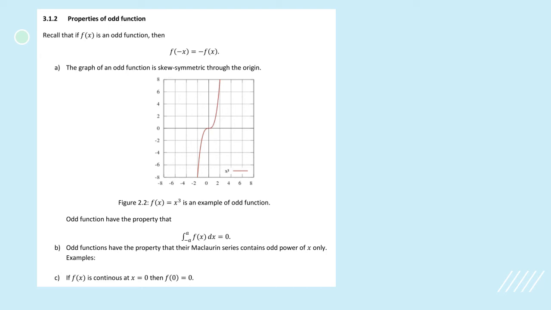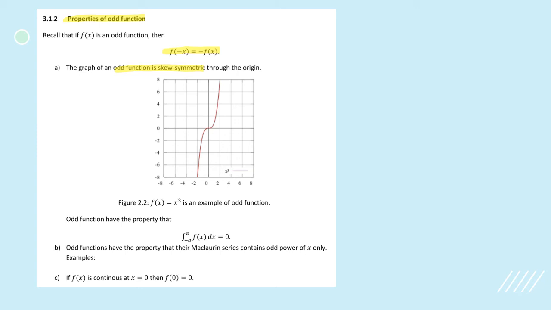Next we go to see the properties of odd functions. For an odd function, we have these properties: f(-x) equal to minus f(x). And the graph of an odd function is skew-symmetric. What is meant by skew-symmetric?